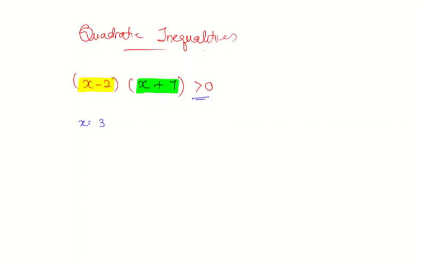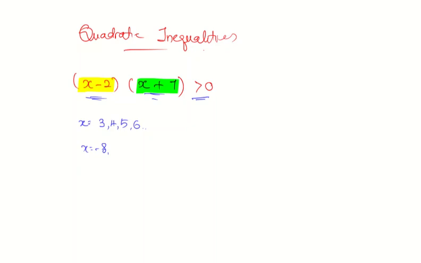Or another possibility is x can be 3, x can be 4, x can be 5 and 6. Then you can have both also positive. Another situation is yellow color is negative, green color also is negative. So both also must be negative. So x must be negative 8, so that this is negative, this is also negative 1.